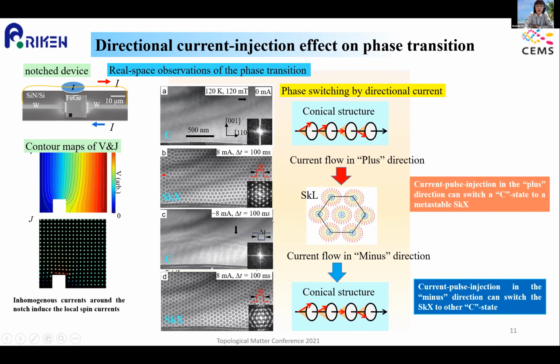And more interestingly, when we reverse the current flow direction, from the right side to the left side, you can also clearly see this skyrmion lattice totally annihilated. It means this minus current can delete the metastable skyrmions. And once we apply the plus current again, you can see the skyrmion lattice recover. So we found this directional current injection effect on phase transition in this device with a notch hole.